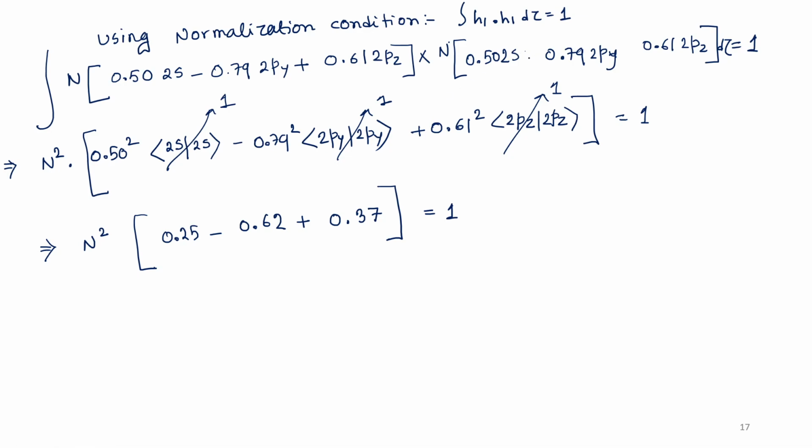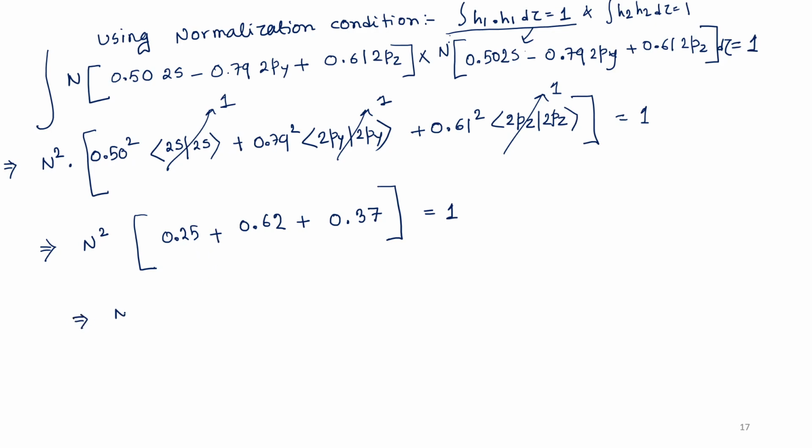Here it should be minus, right? And vice versa, one can do with h2 d tau is equal to 1 also. But we are currently dealing with h1 into h1, so ultimately this is also plus, so this is also plus.